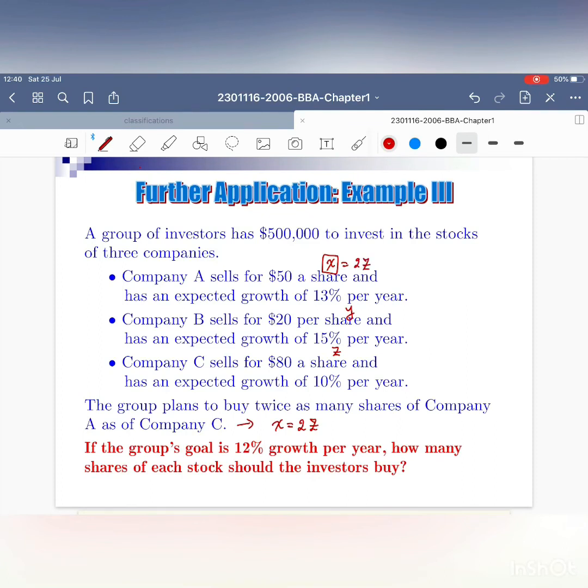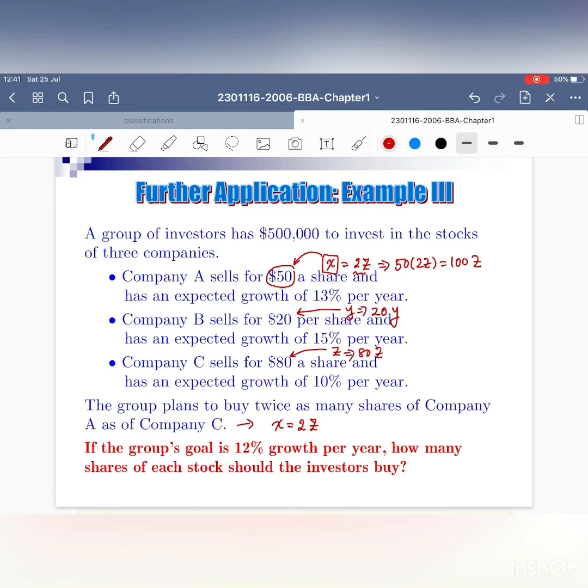Okay, and because the cost per share is $50, you need to pay 50x dollars, but instead of x, we use 2Z. So it is 50 times 2Z, which is 100Z dollars that you need to pay for the first company. For the second company, company B, you pay 20Y, and the last one you pay 80Z.